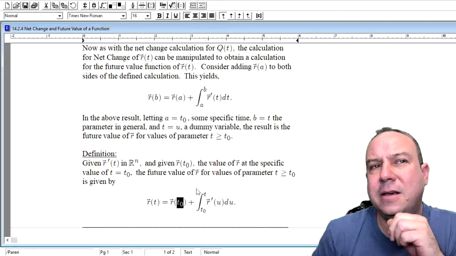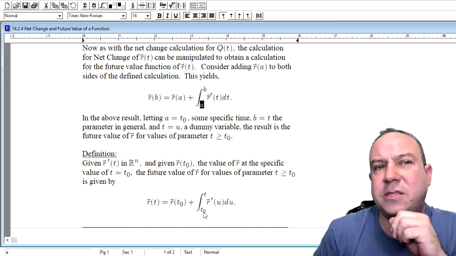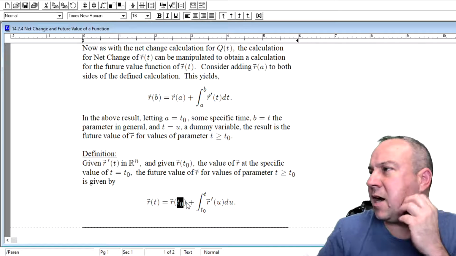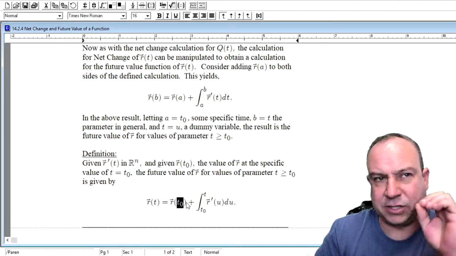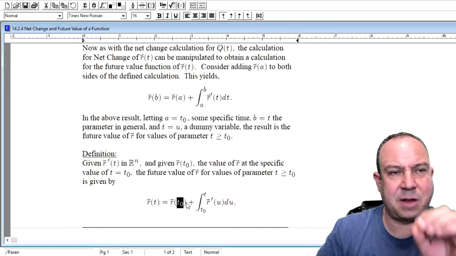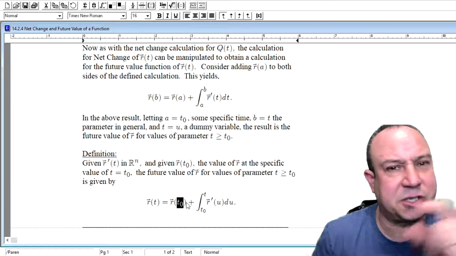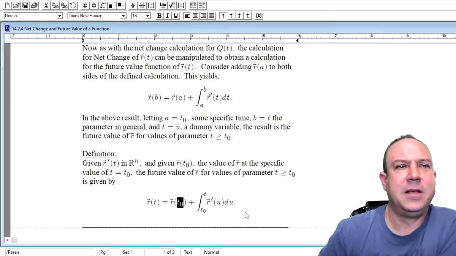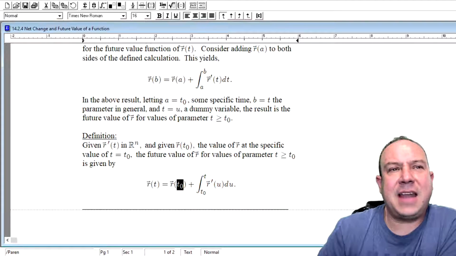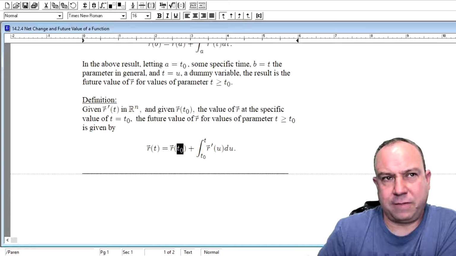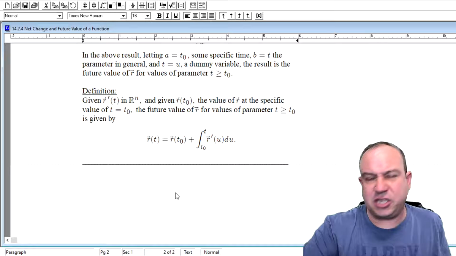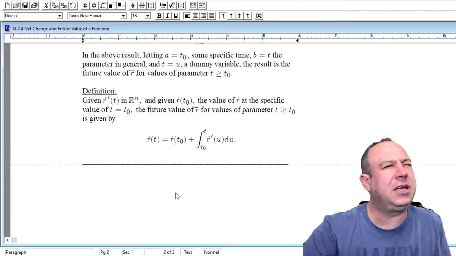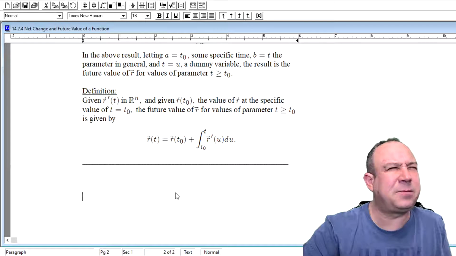And a in this above formula is just replaced with t null, that observed or very specific unit in time where we observe a very specific unit in position. Measurement in position, or description in position, I should say. So, that is how we describe future value with those bits of information. And you might recall these as initial value problems looking at motion in space.